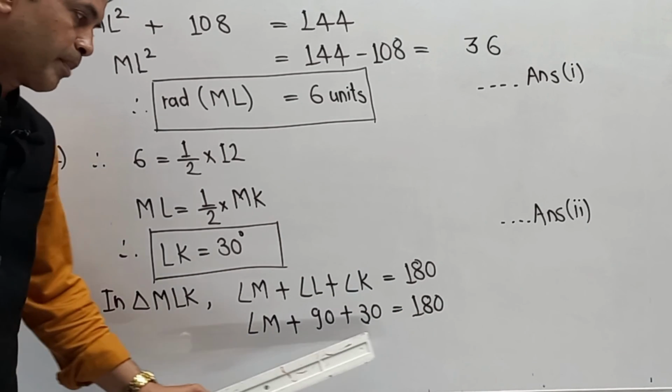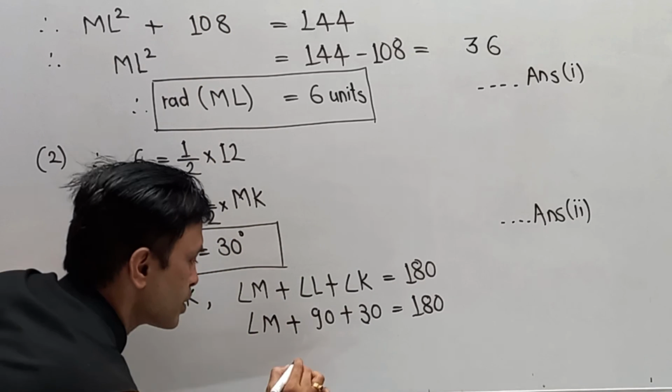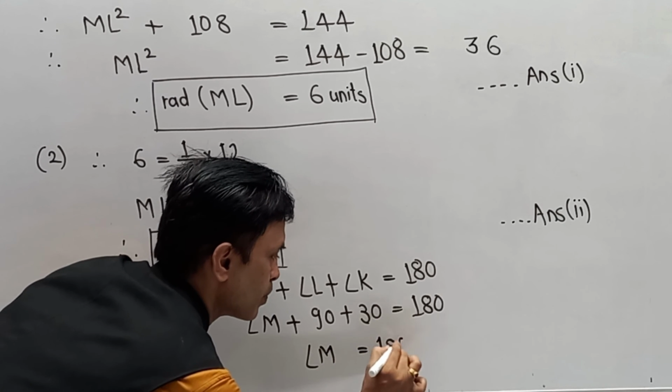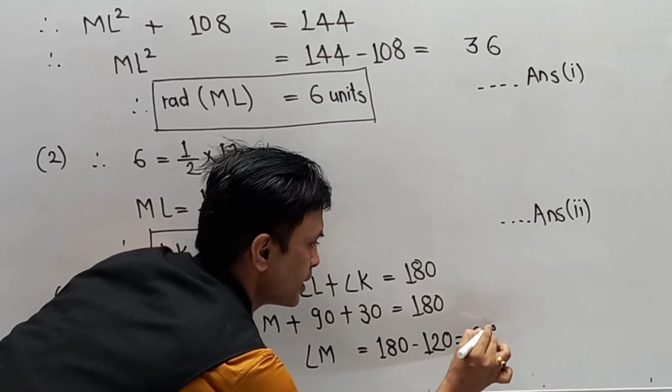Now 90 plus 30 is 120 and shifting 120 to that side, here angle M is equal to 180 minus 120, and that becomes 60 degree.